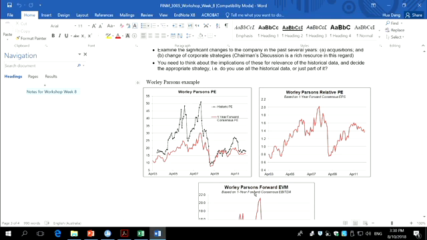Do you understand the changes and why, for example, Woolies is priced at a premium relative to Metcash? Why is there a premium or discount of your company relative to its comparable firms? Can you understand these differences? This will form part of your judgment in deciding an appropriate ratio for your company.